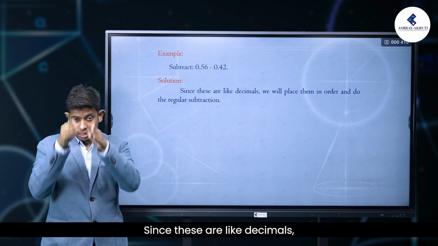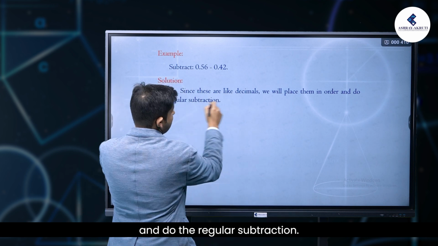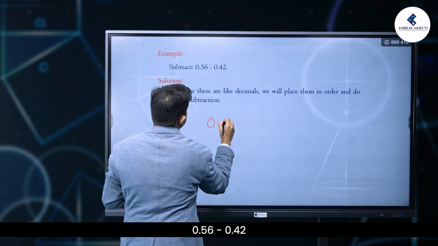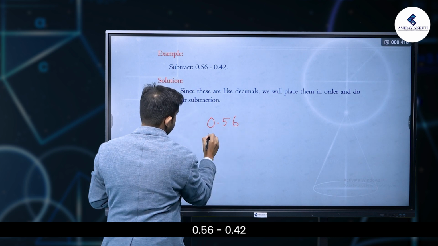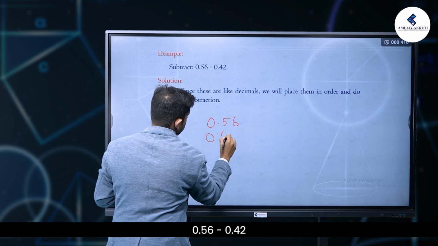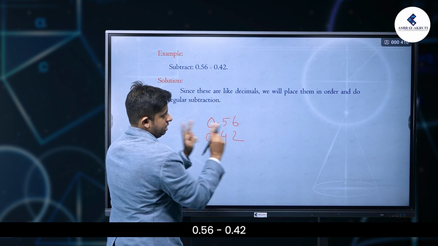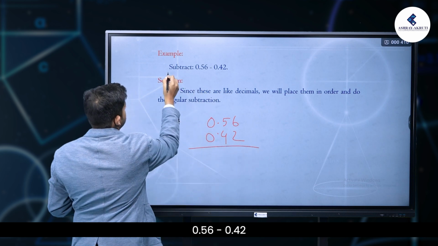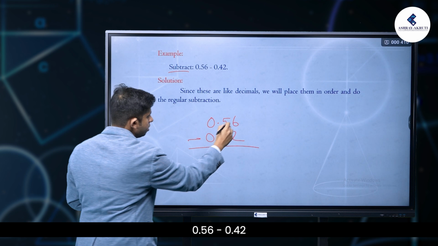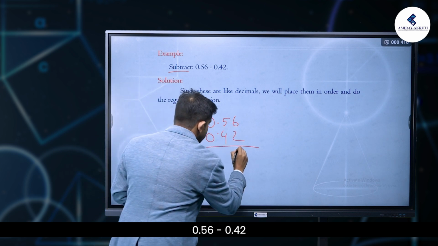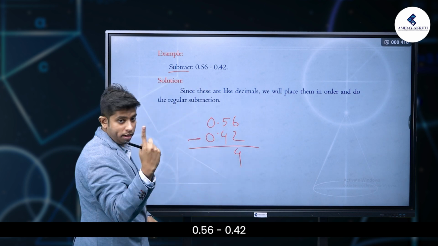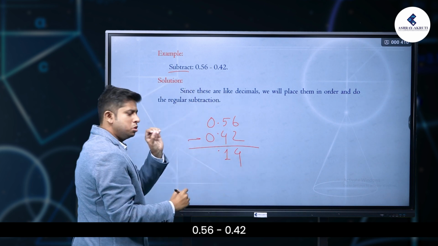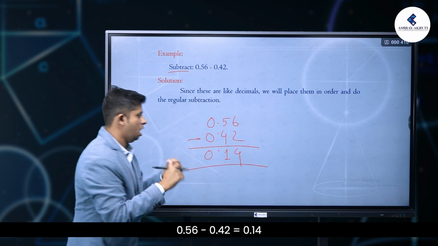Since these are like decimals, we will place them in order and do the regular subtraction. 0.56 minus 0.42 is 0.14.